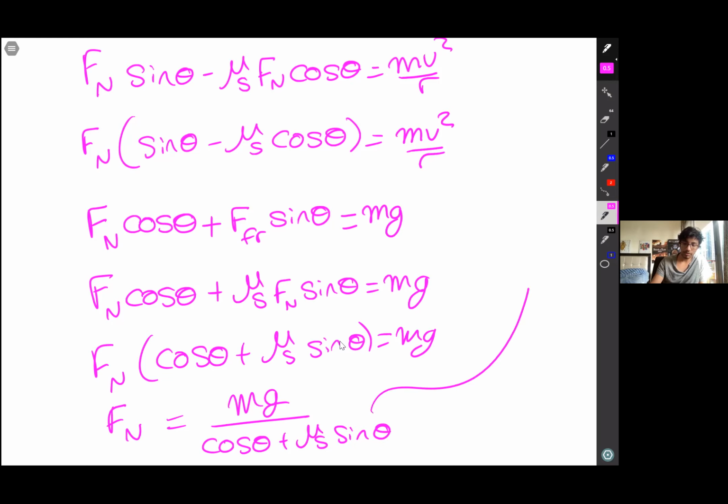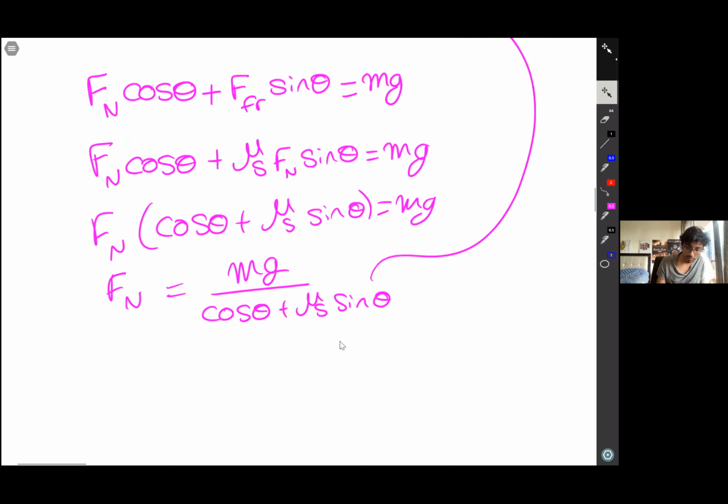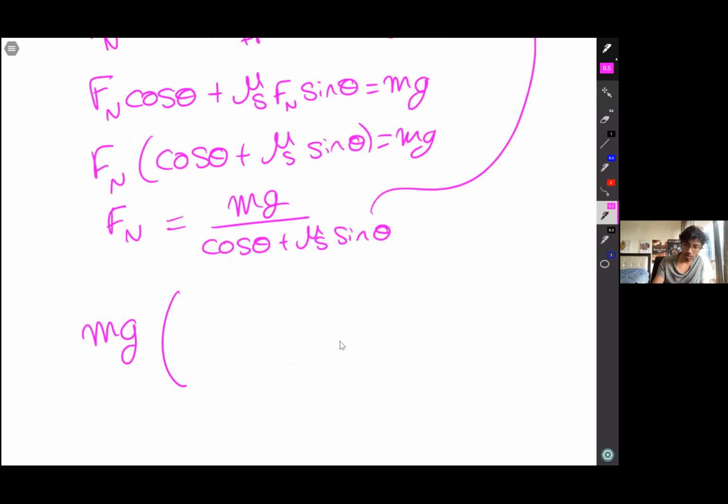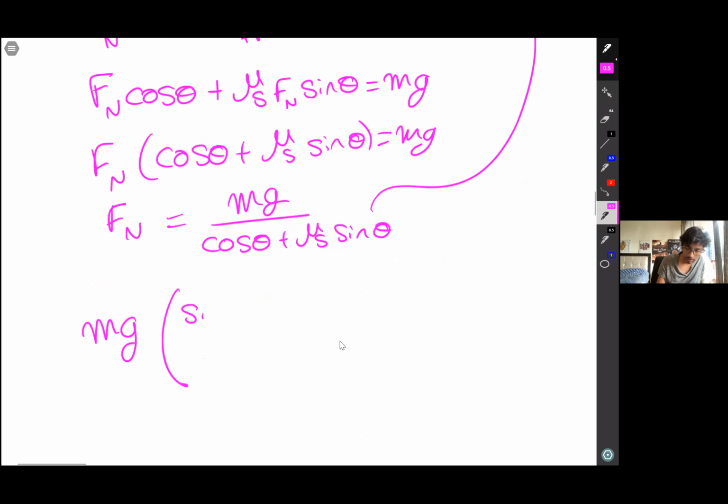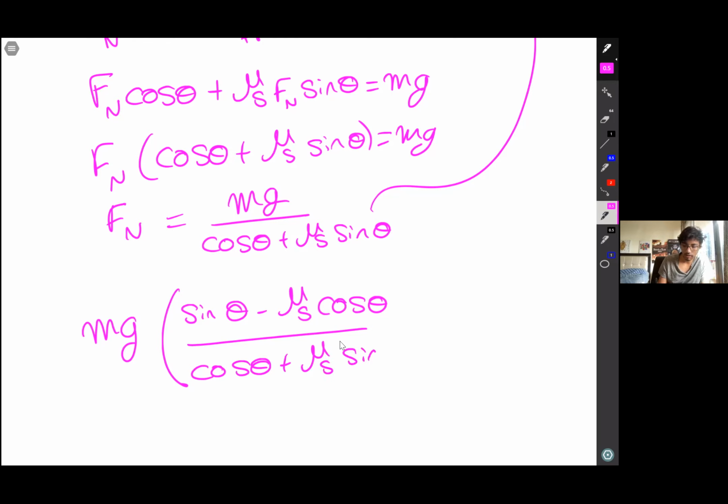Now let's substitute this equation up here. I'll get that mg (sine theta minus mu s cos theta) over (cos theta plus mu s sine theta) is equal to mv squared over r.